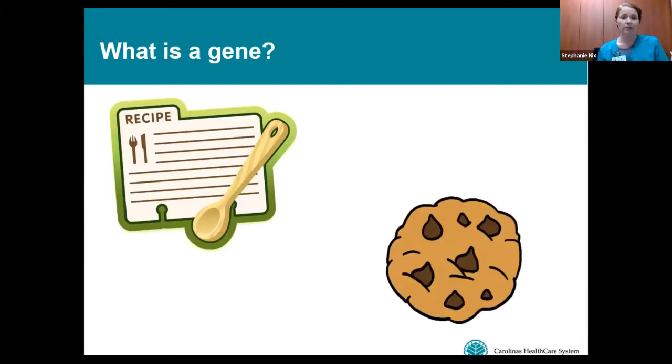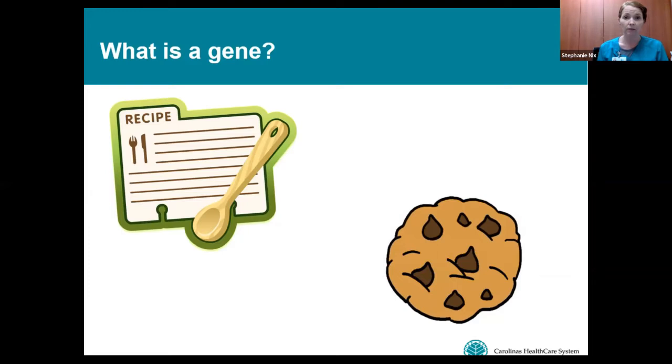The most important thing to think about with cancer genetics is genes. I love to use the comparison of a gene as being like a recipe. What these genes do is encode a sequence that is the instructions for how our bodies function. We have genes that control how tall we're going to be and what our blood pressure and kidney function look like.